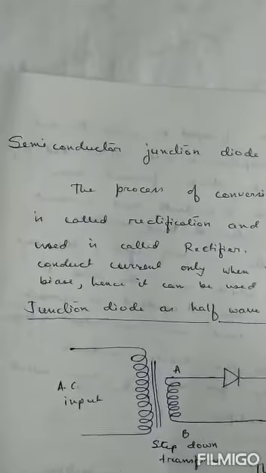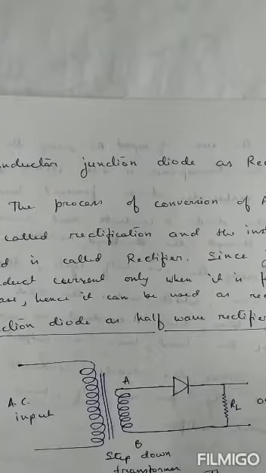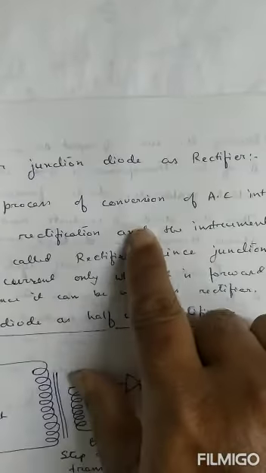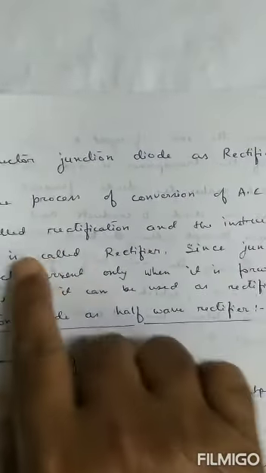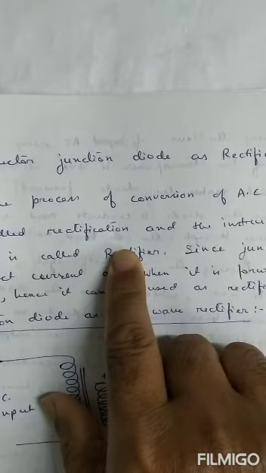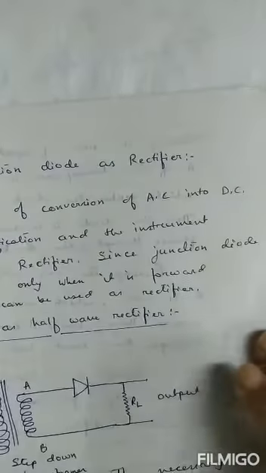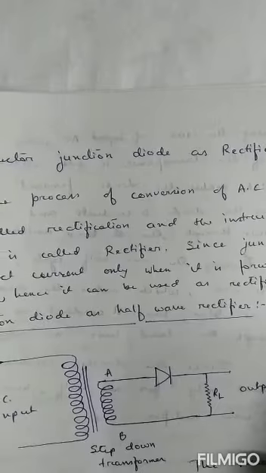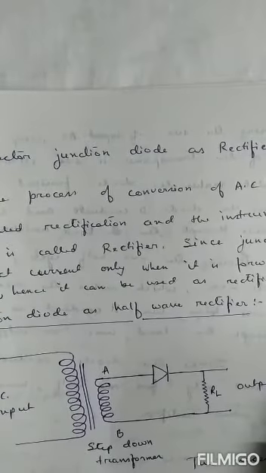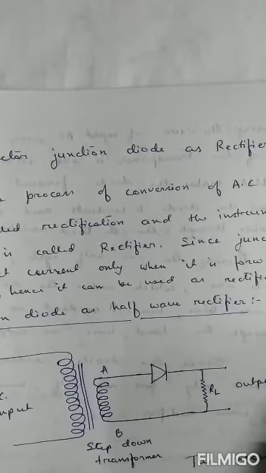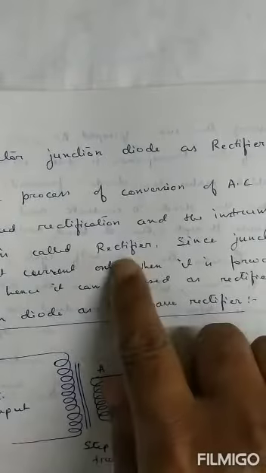Semiconductor junction diode as a rectifier. The process of conversion of AC into DC is called rectification, and the instrument used for the purpose is called a rectifier.